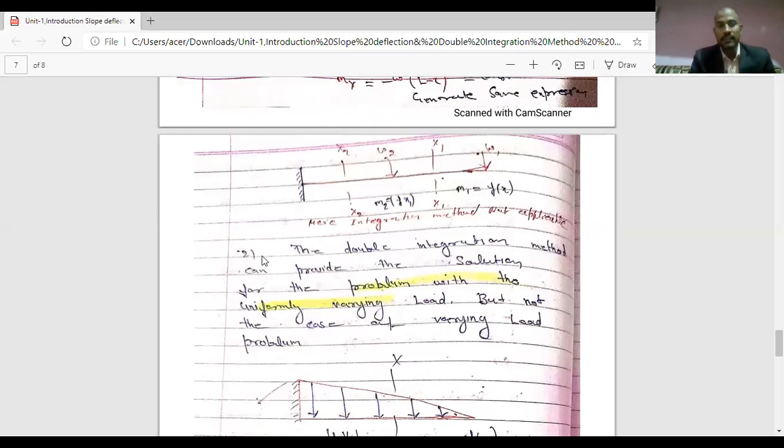Second limitation: the double integration method can provide the solution for a problem with a uniformly varying load, but not for the case of a varying load problem.